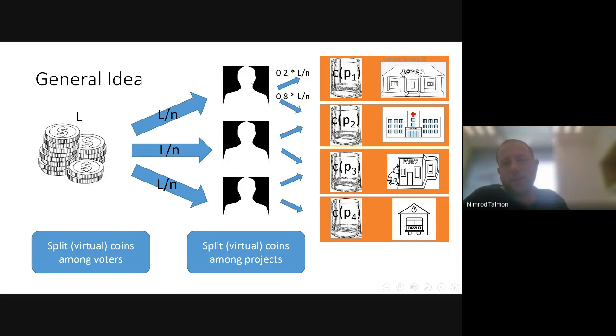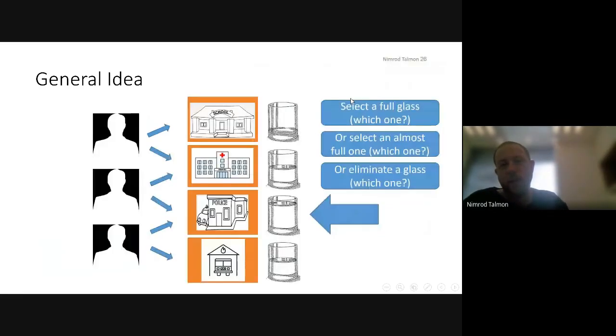And now this voter basically put 20 coins in the glass of school and 80 coins in the glass of hospital. And this is what all of the voters pictorially do. They basically get L over N tokens from the city, and they split these tokens among the glasses of the projects.